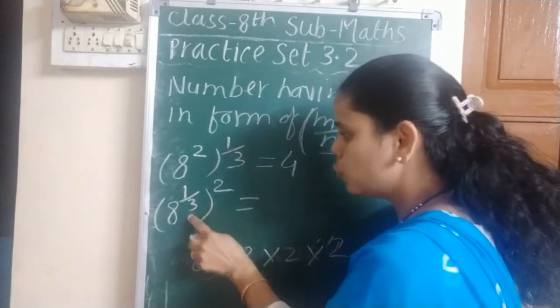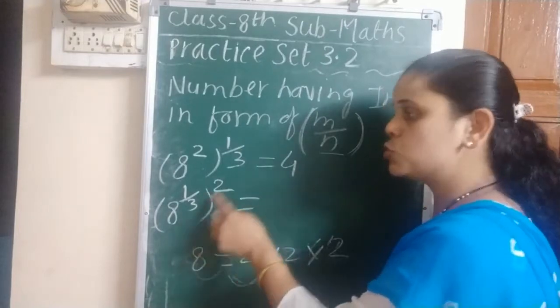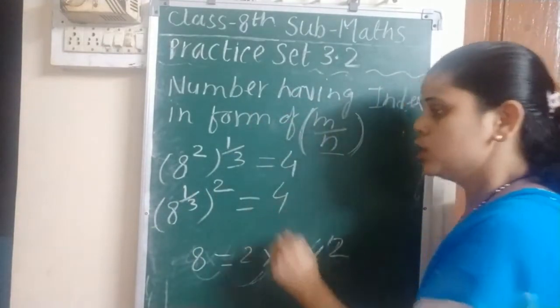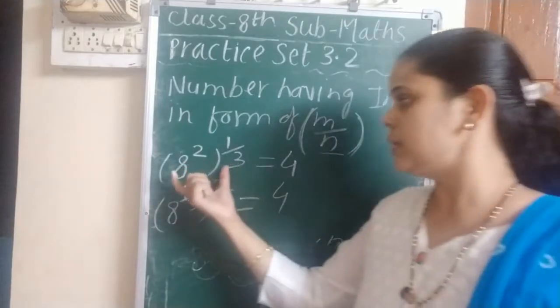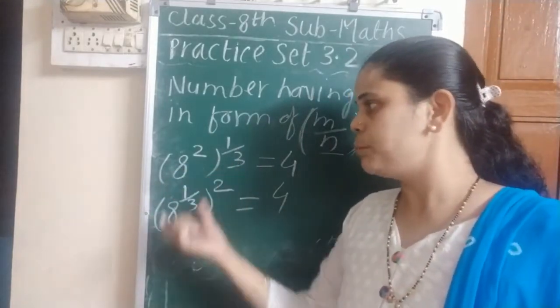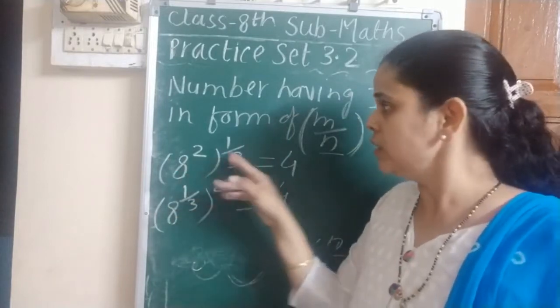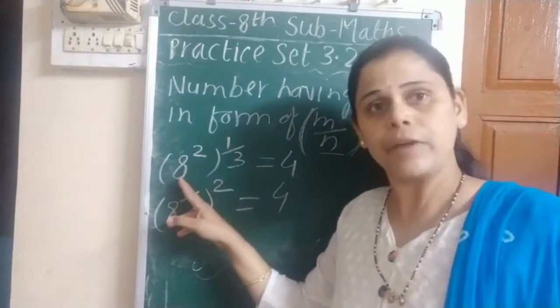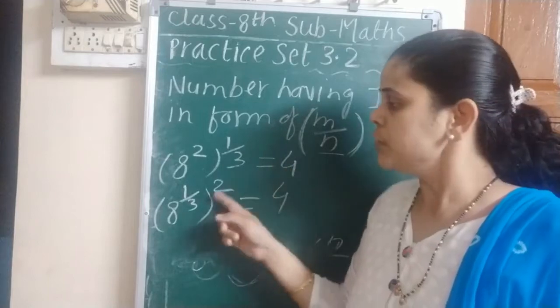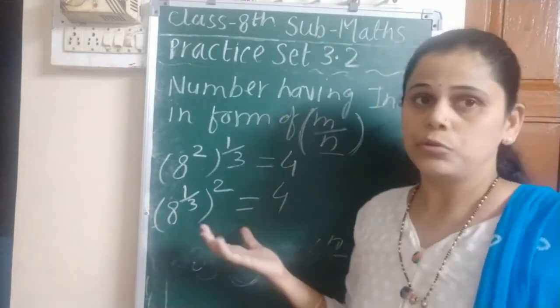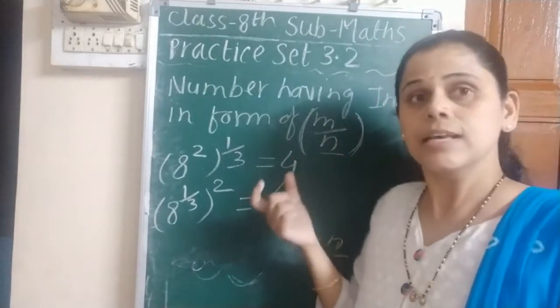And 2 raised to the power 2 means 2 square, that means 2 into 2, and 2 into 2 is 4. So you can see here, in both ways, the answer is same. If we write the cube root of square of 8, the answer is 4, or square of cube root of 8, the answer is 4. In both cases, the answer is same.